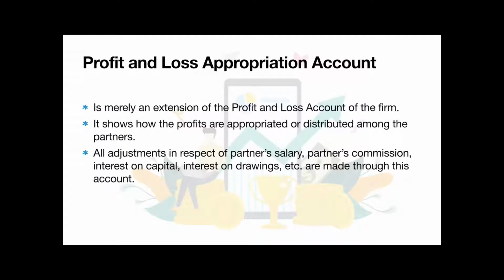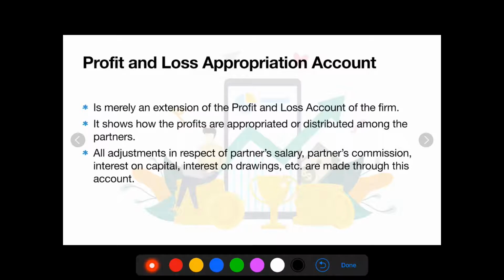Profit and loss appropriation account. So, profit and loss appropriation account is merely the extension of profit and loss account of the firm. You have already learned it in your first PUC financial statements on how to prepare trading account, profit and loss account and balance sheet.